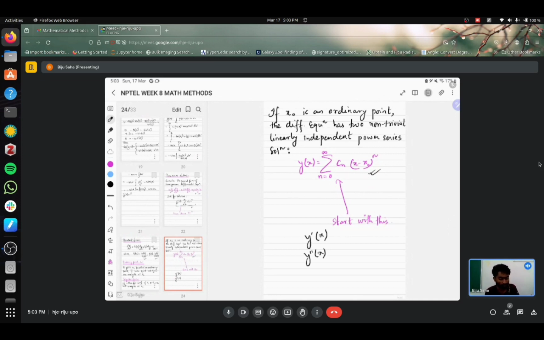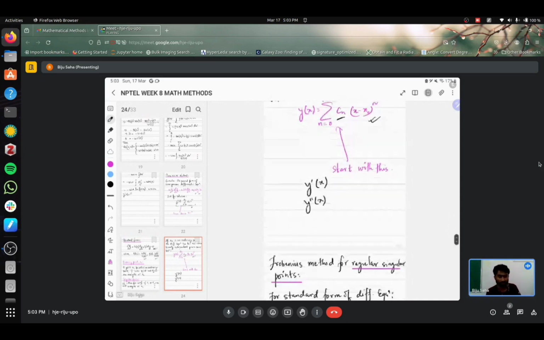Then put all of this into the given differential equation, and by matching the coefficients of this particular Cn, we try to expand the solution in terms of a power series. So that is the way to go about this.